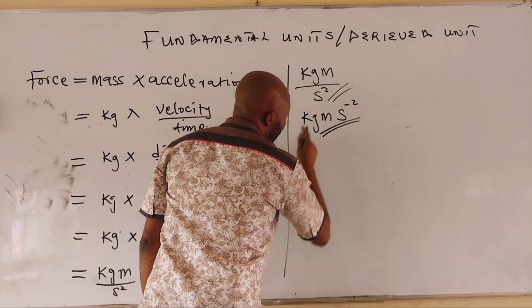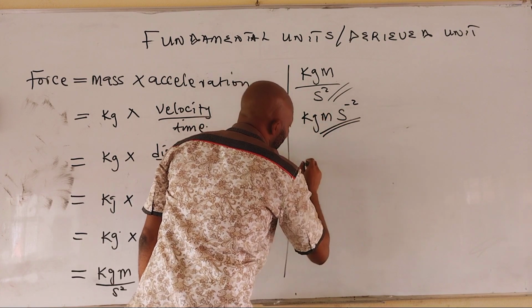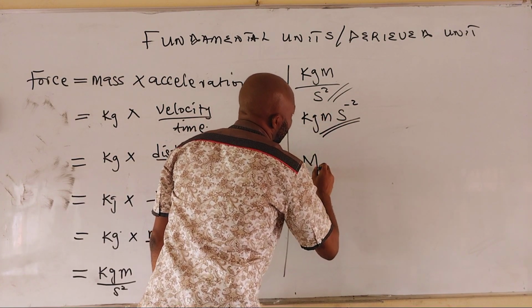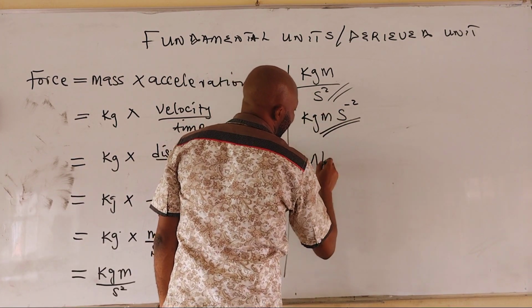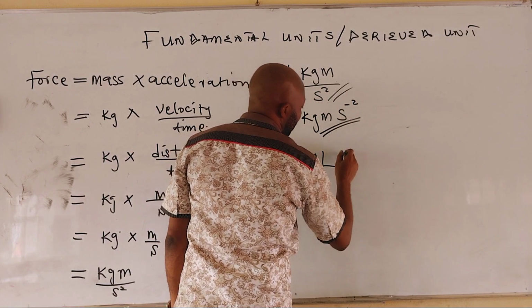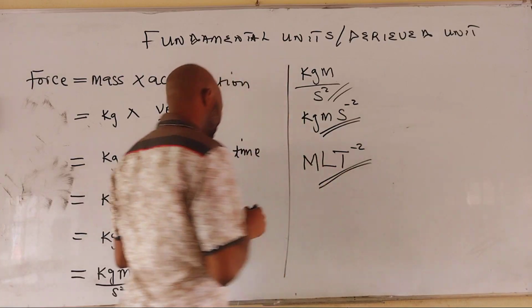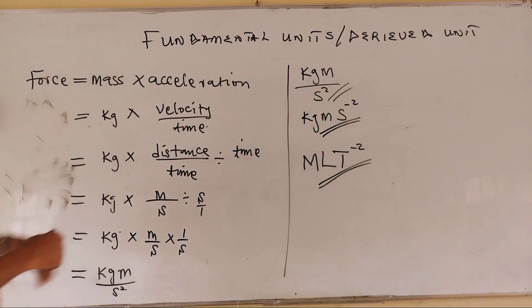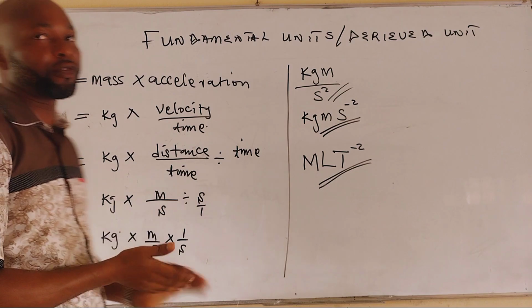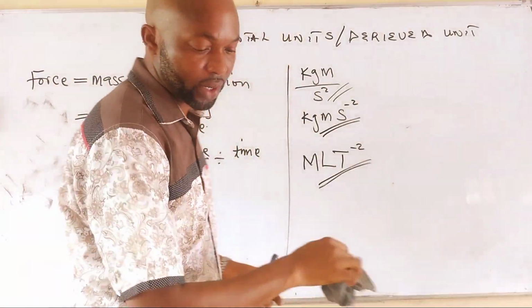This is kg, the capital for the dimension becomes capital M. Meter is length, L. Second is T to the minus 2. This becomes the dimension for force. So this is how we go. But then we'll continue to solve more and see what we are doing about it.